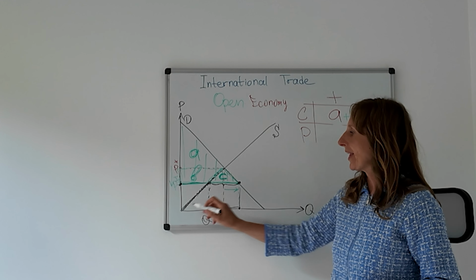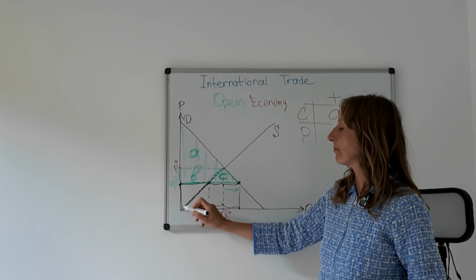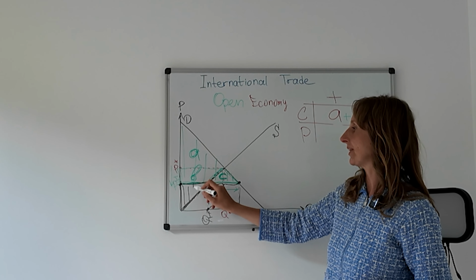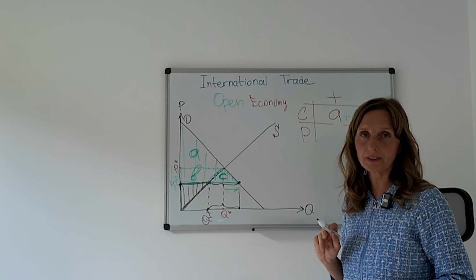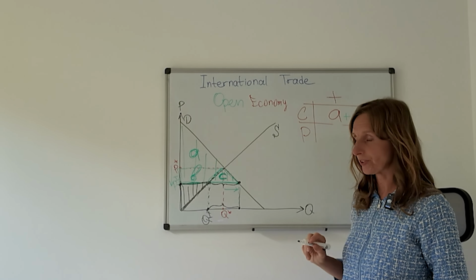So it means that national producers will have this small amount of surplus that they still have in the national economy due to the production of this certain good.